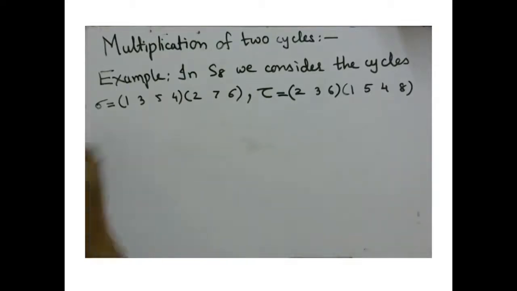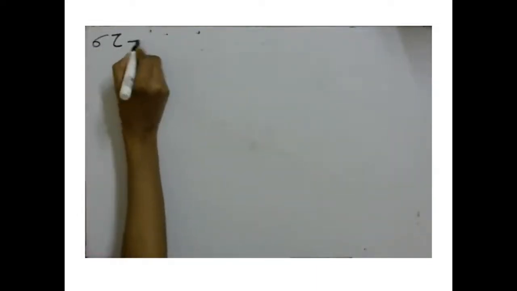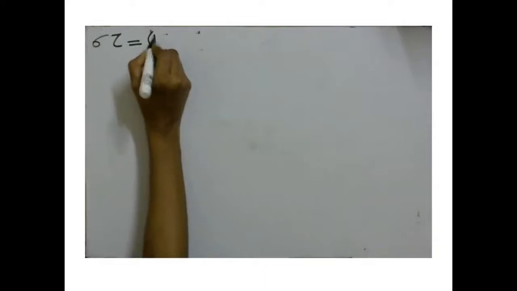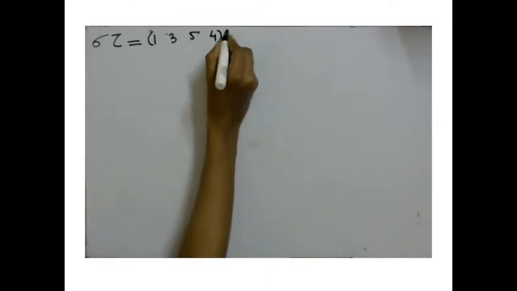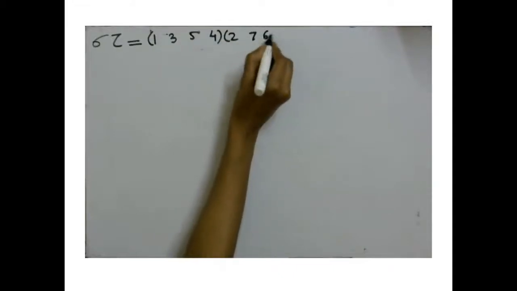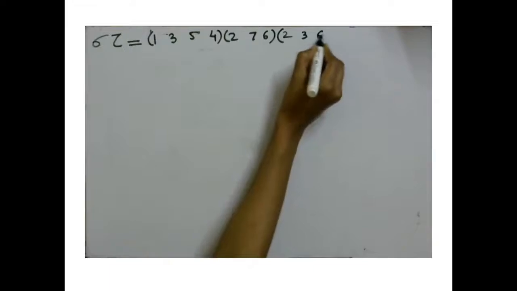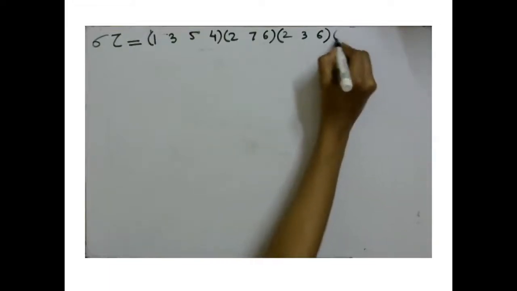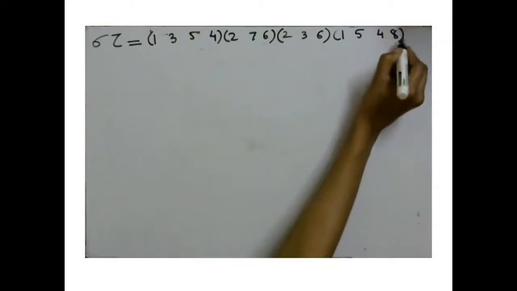So as I will need sigma tau, I will write sigma tau here, sigma into tau. So what was sigma? Sigma was (1, 3, 5, 4) into the second cycle (2, 7, 6), and tau was (2, 3, 6)(1, 5, 4, 8).